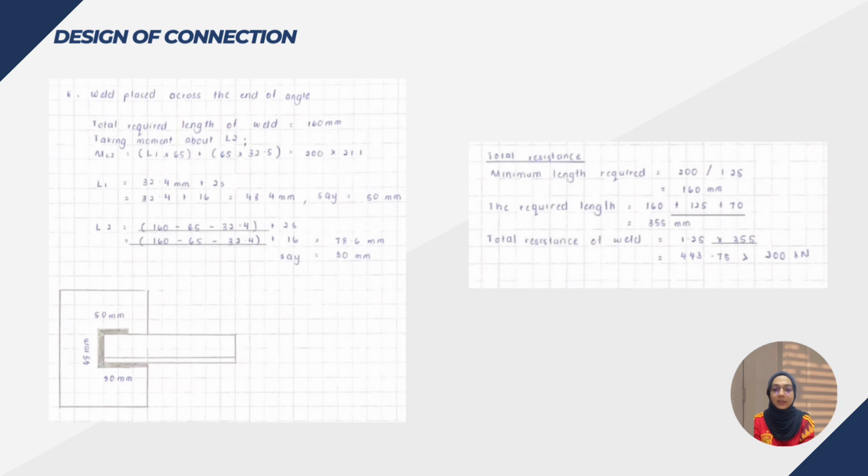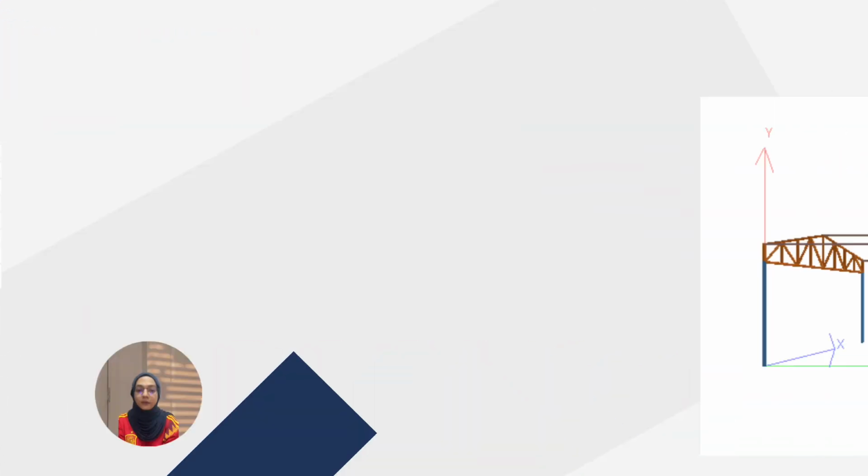The total required length of weld is equal to 160 mm. For L1, we get the value of 50 mm, and for L2, we get the value of 80 mm. For total resistance of weld, the value is 443.75, which is larger than 200 kN, so it is satisfactory.